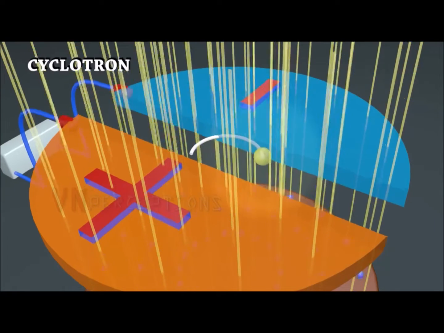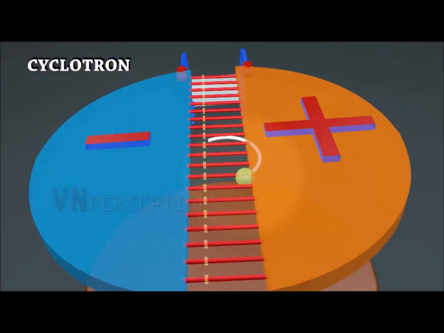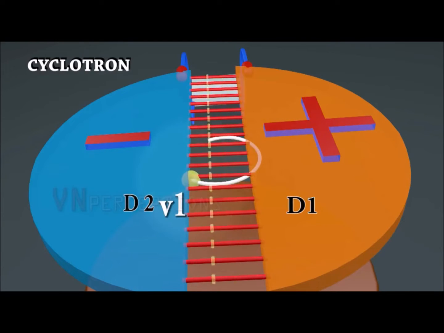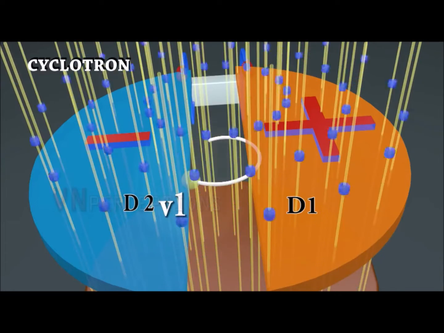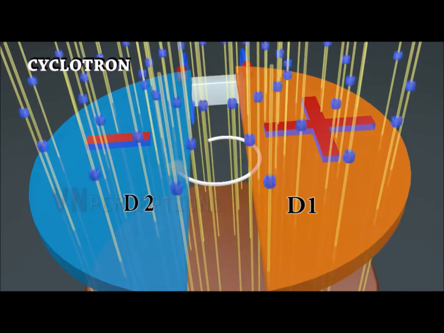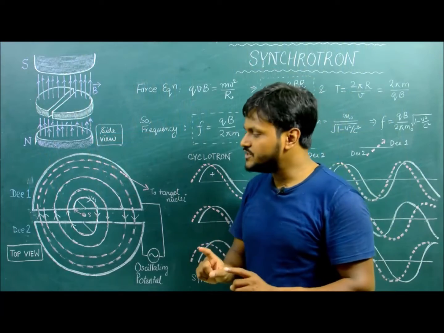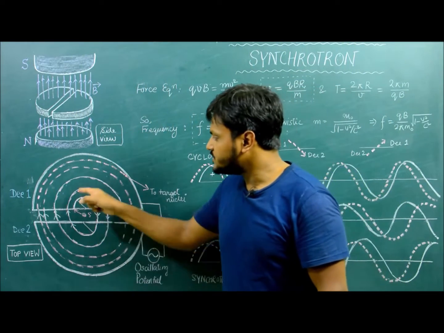The oscillator will change the polarity. When it comes out of D, it again comes under the influence of the electric field. The electric field accelerates the charged particle to v1. When it enters D2, the velocity would remain constant.